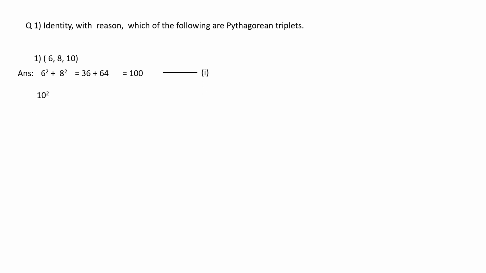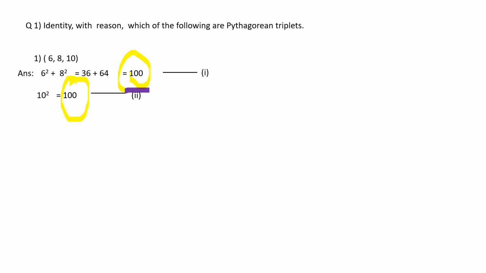Then 10 square is equal to 100. Here this 100 and this 100 both are equal. This we call the second statement.